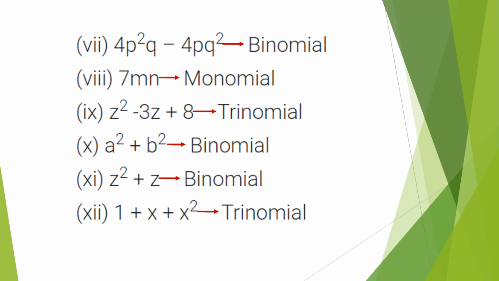There are two terms, so it is called a binomial. And in the 11th question, z square plus z. Two terms are there, so it is called a binomial. And in the 12th sum, 1 plus x square. There are three terms, so it is called trinomial.